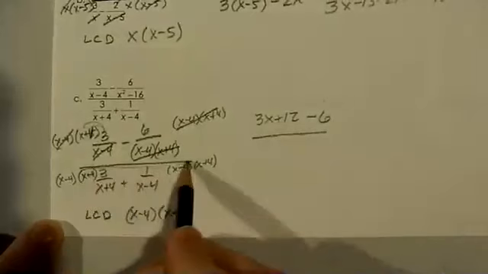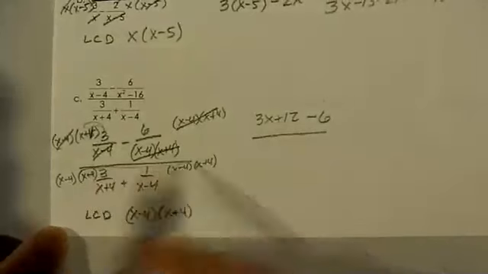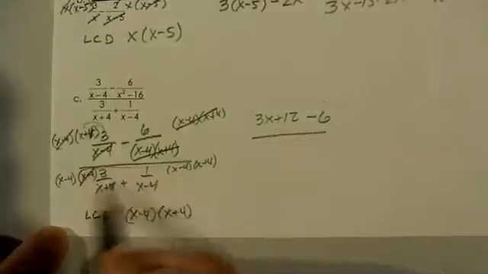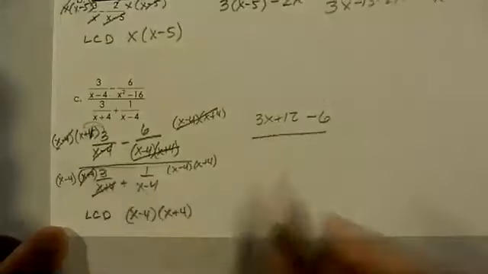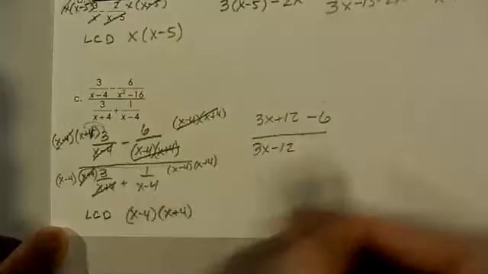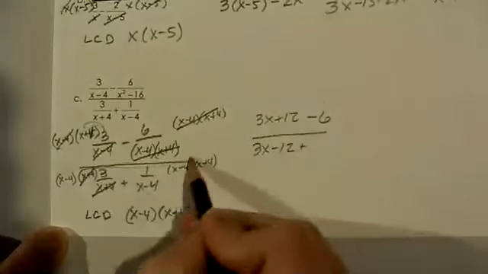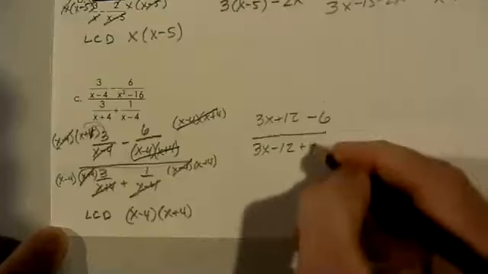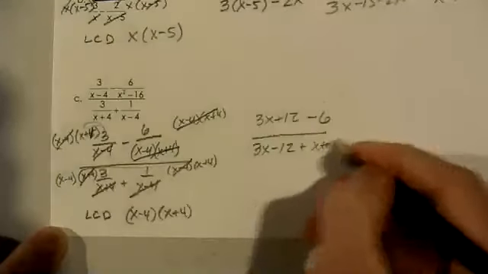The whole fraction bar, 3x minus 12 and x plus 12, or x plus 4.